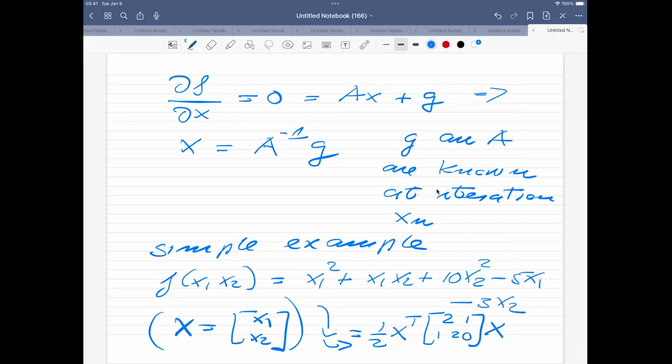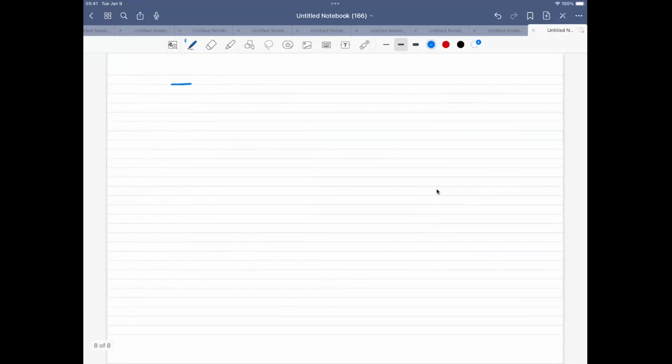And then this is given by minus. Now we see that there is a 5 times x1 and a 3 times x2. So what we would have then is a minus, and then a vector 5 and 3 multiplied with x1 and x2.